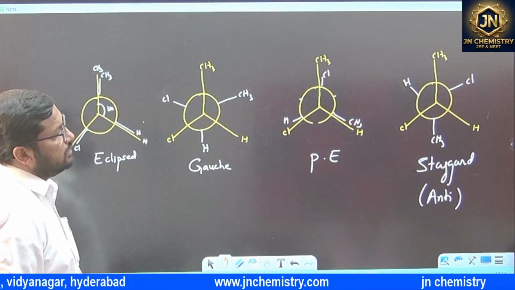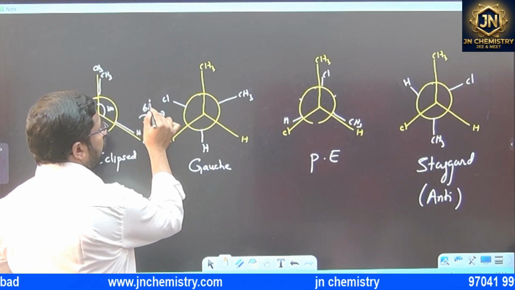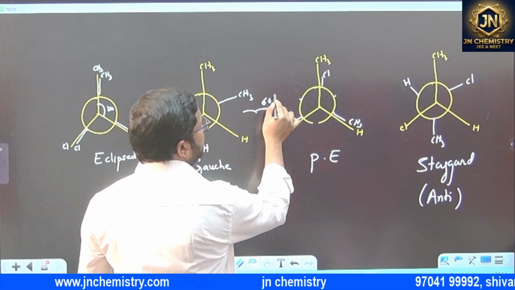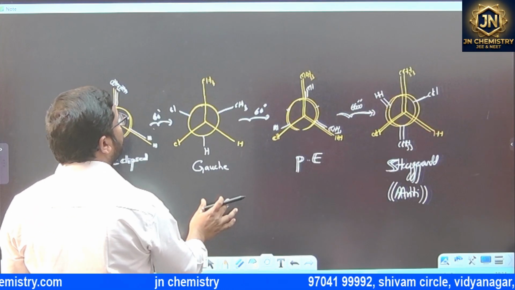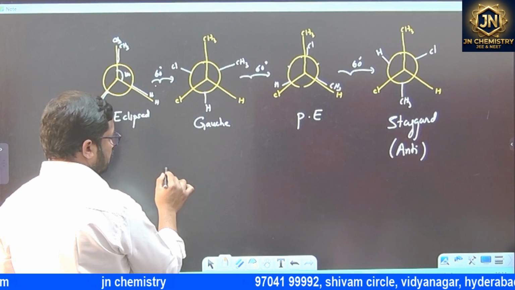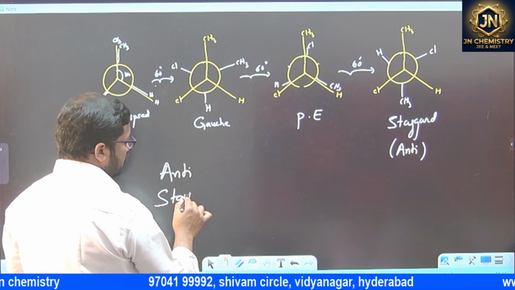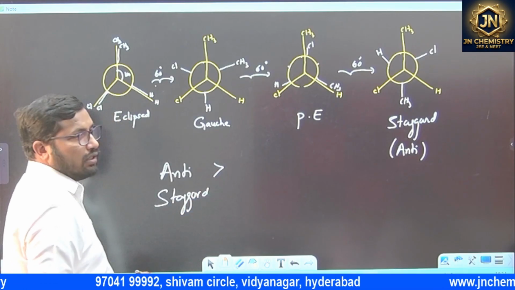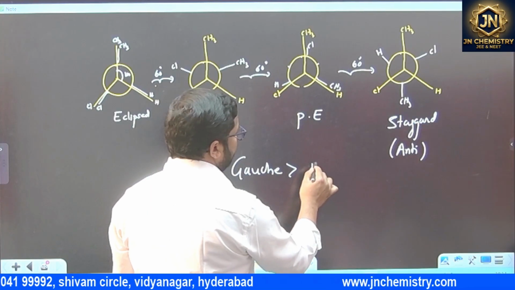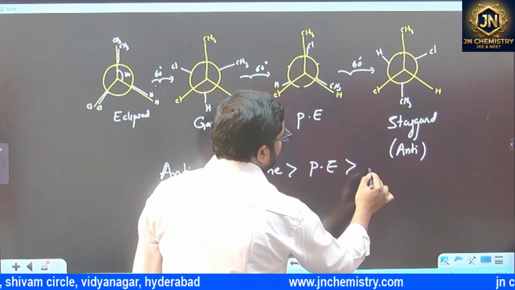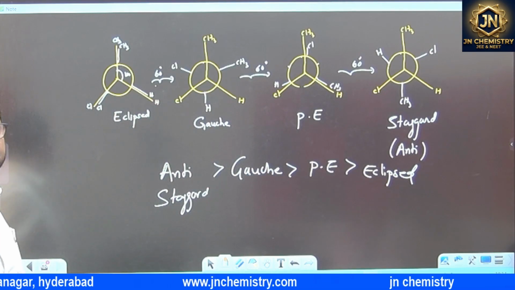Once again these structures are repeating. Every 60 degrees we rotate, we get different structures. So which is more stable? Staggered or anti, then gauche, then partial eclipse, then eclipsed. This is the stability order.